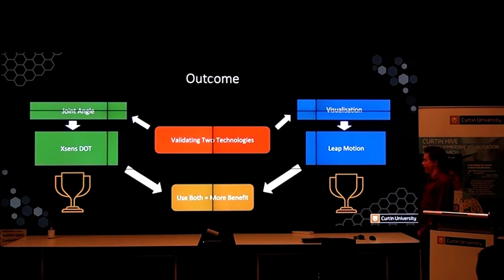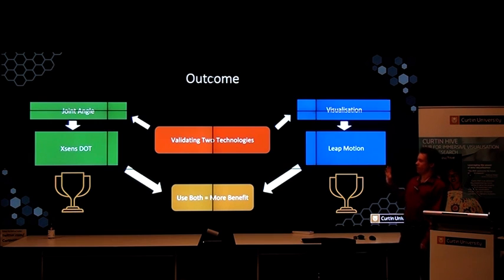Alright, the outcome with some quick at-home validation. Validating the two technologies, it's a win-win situation. Your joint angle, your Xsens dot is really accurate, and it's very close to what the goniometer says, within about 5%.